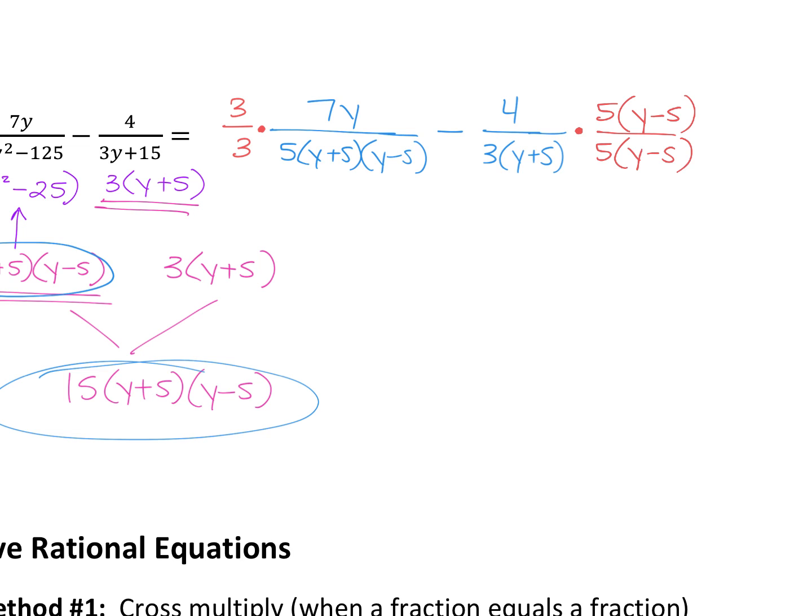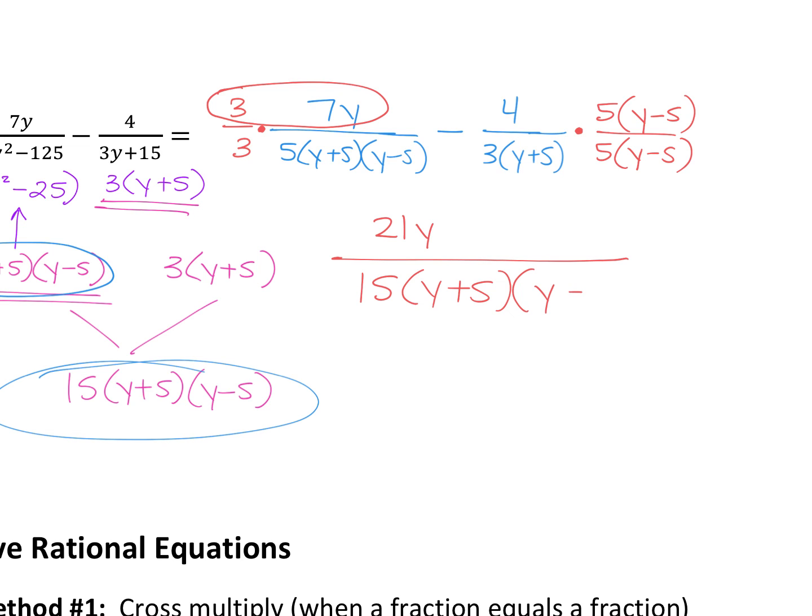Okay. All right, so now we're going to start to simplify. Up here, you have 21y. I'm going to make it one big division bar. I'm just going to write the denominator once now. 15 times y plus 5 times y minus 5. Okay, so it's 21y. Now what operation? The minus, right?